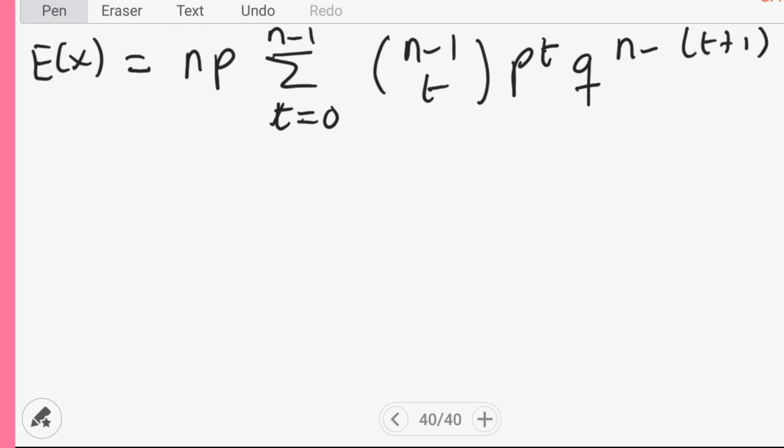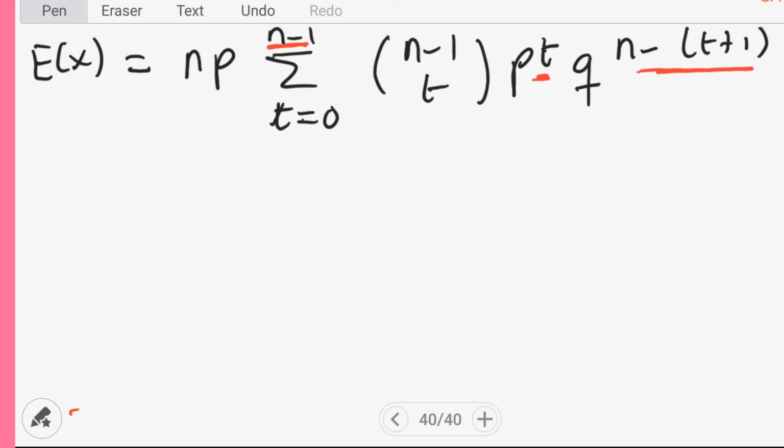Okay, so now folks, do you see what I'm seeing? If you add the power of p, which is t, and the power of q, which is n minus t plus 1, you realize that you end up getting n minus 1. So we are actually heading towards using the binomial expansion theorem.